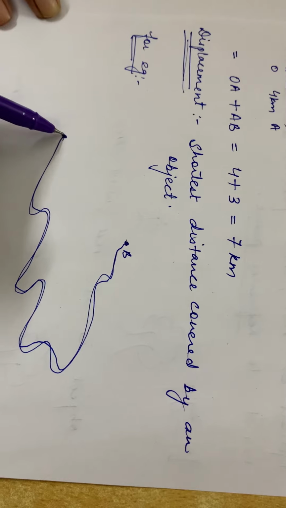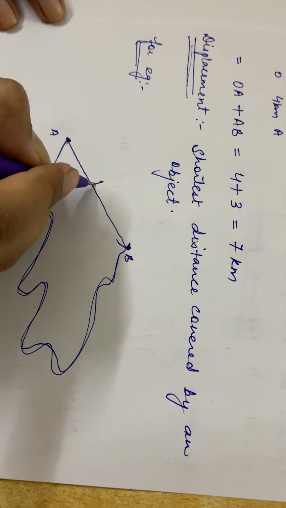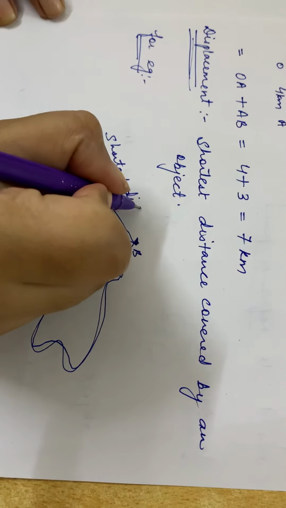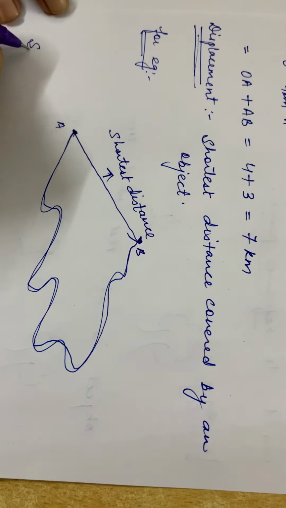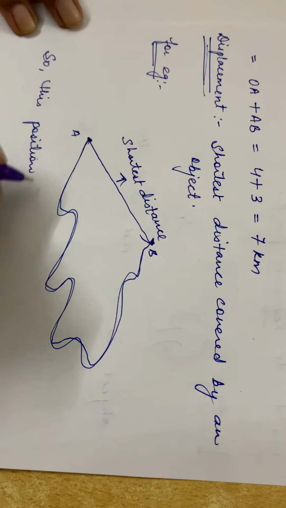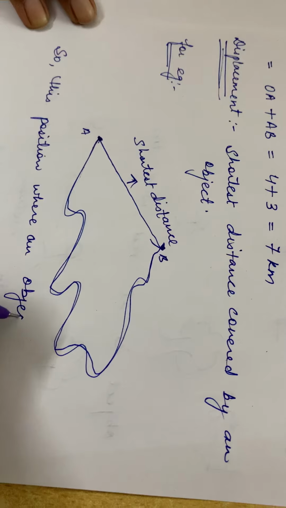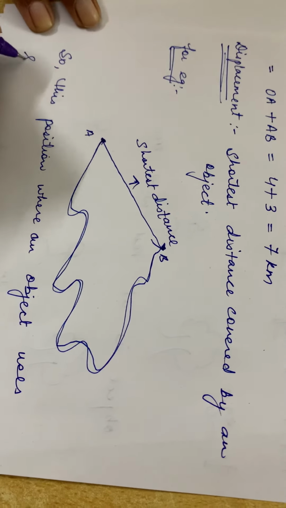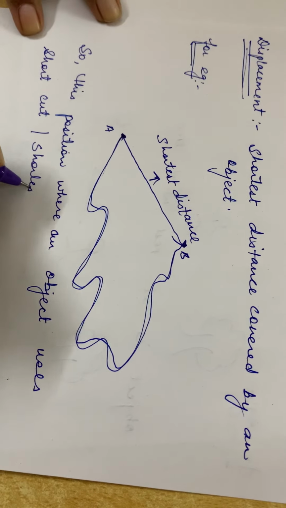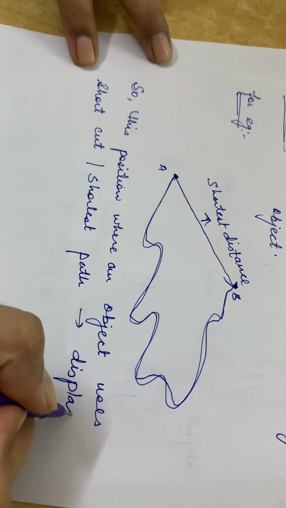It states that in moving from here to there, a person can directly reach over there by using the shortest distance. So this position where an object uses a shortcut, or you can say shortest path, that is known as displacement.